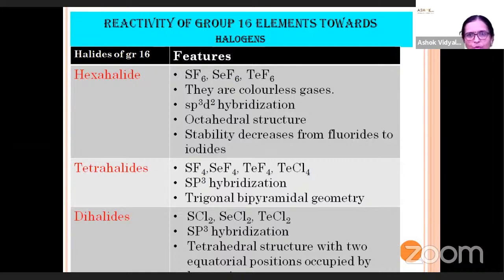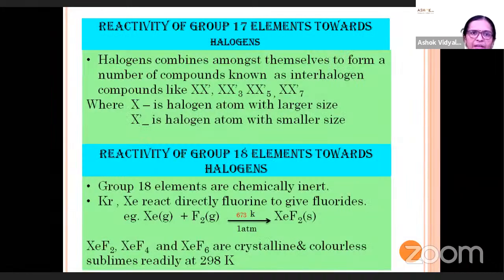Now we'll move to the next slide. Reactivity of group 17 elements towards halogens. These group 17 elements react with halogen atoms and form compounds of the following types. Halogens combine amongst themselves and form a number of compounds.